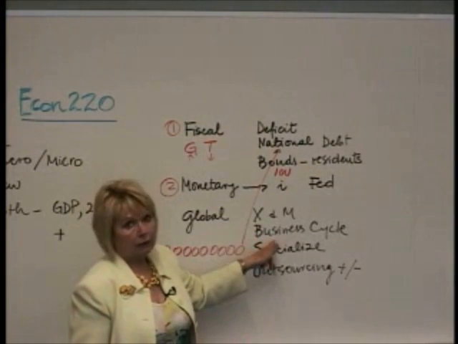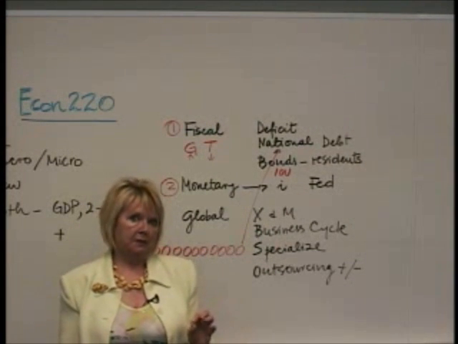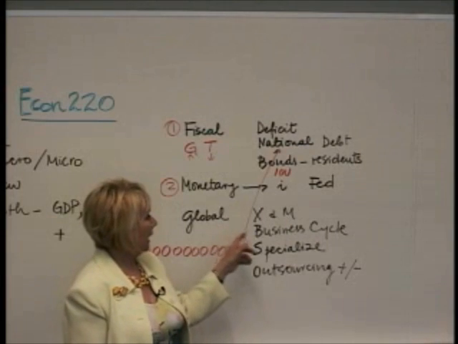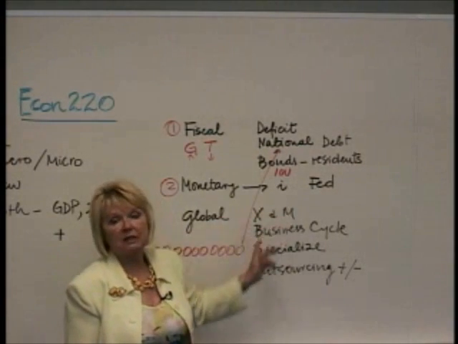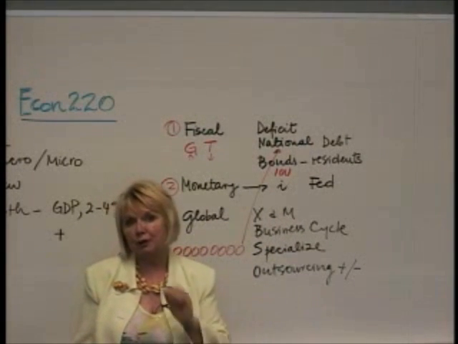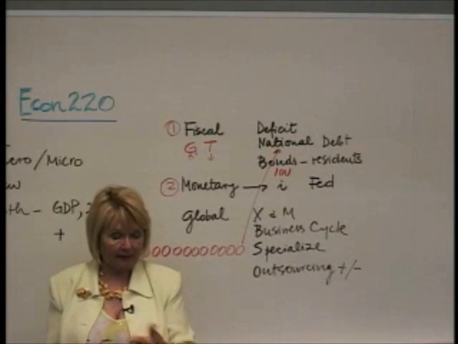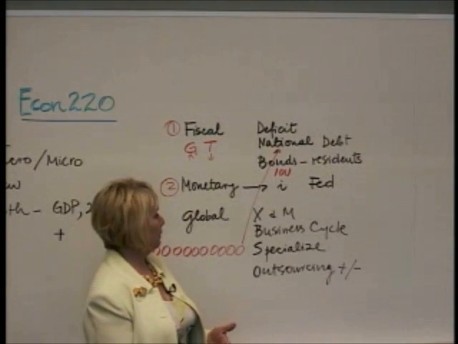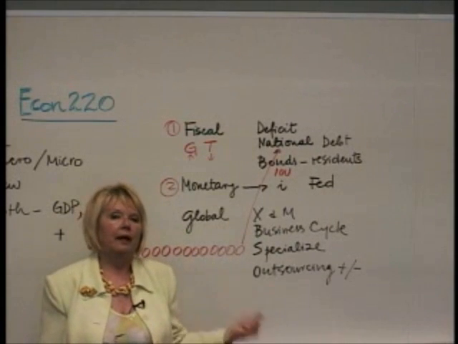So the business cycle right now is really a worldwide business cycle, because as we grow, we import more, which means that the other countries are producing more, which means that they are creating more jobs. And they then are able to import from us, which will also increase our own exports.